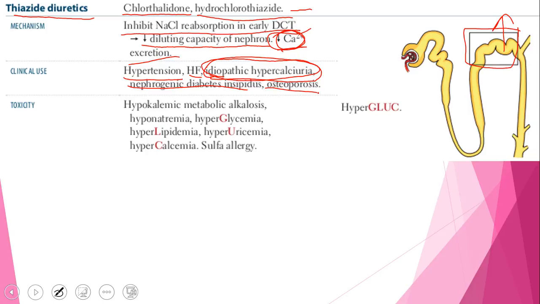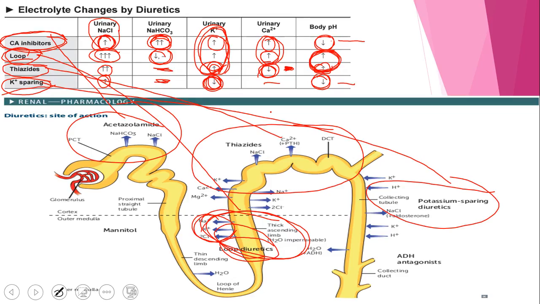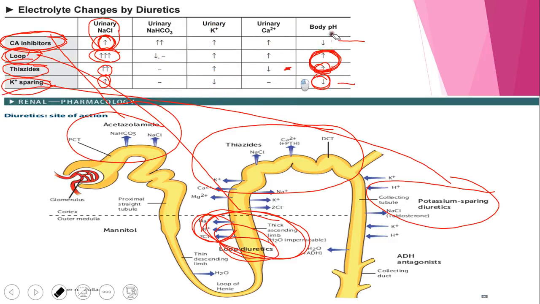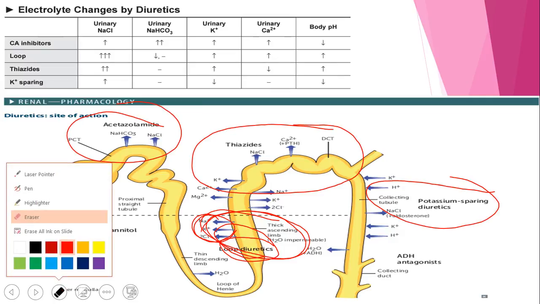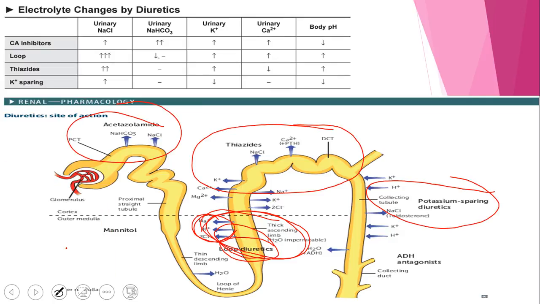Toxicity: hypokalemic metabolic alkalosis. Remember, there were two associated with metabolic alkalosis. Going back to this, remember those two alkalotic states. So these two right here, thiazides and loop diuretics.